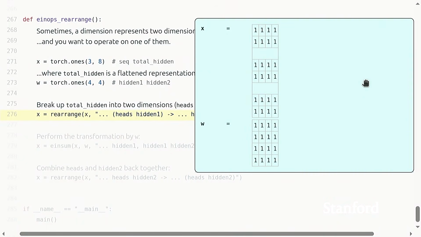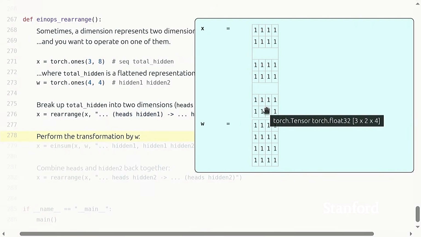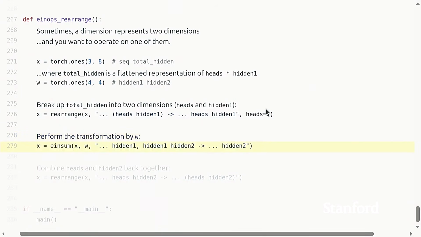Okay, so now I have this tensor. I can perform this operation on each of these matrices. So here I have hidden 1 mapping to hidden 2.